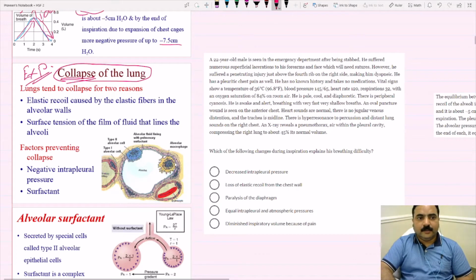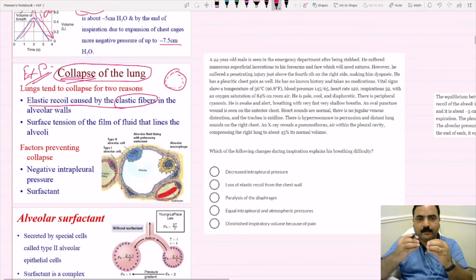The first factor is the elastic recoil caused by the elastic fibers in the interstitium of the lung. The interstitium contains a lot of elastic fibers, and these have the tendency to recoil and compress or collapse the lung, and this helps the expiration of air. Another factor is inside the alveoli, where there is a layer of water. The water molecules attract each other, and this attraction is called the surface tension.